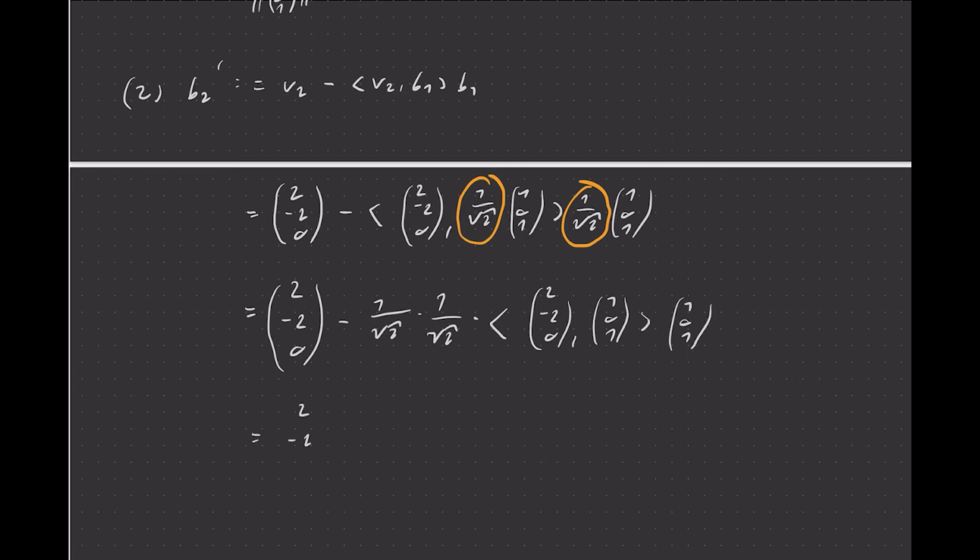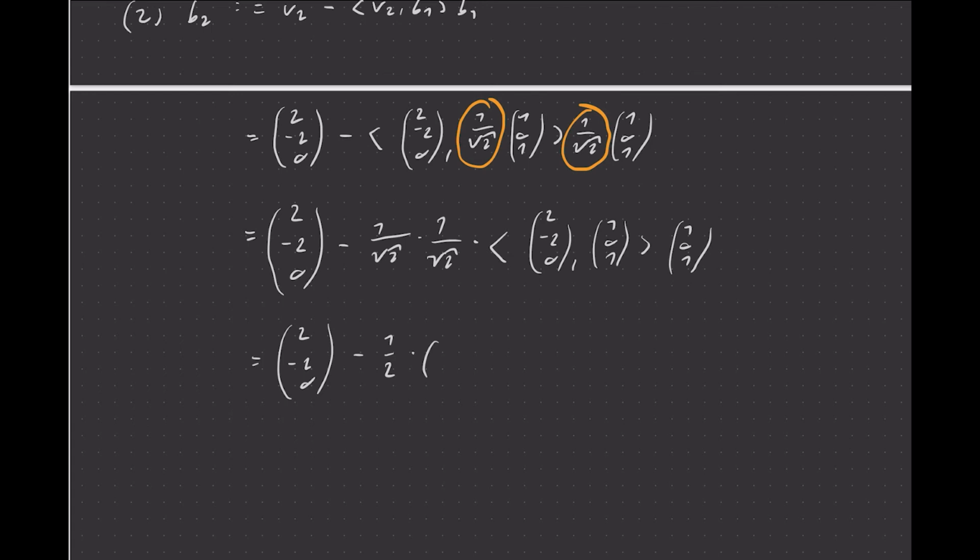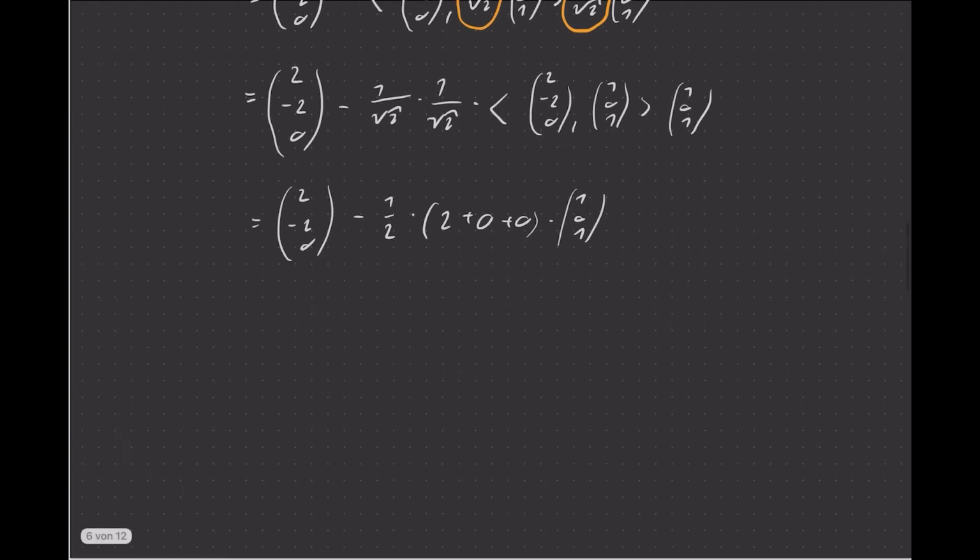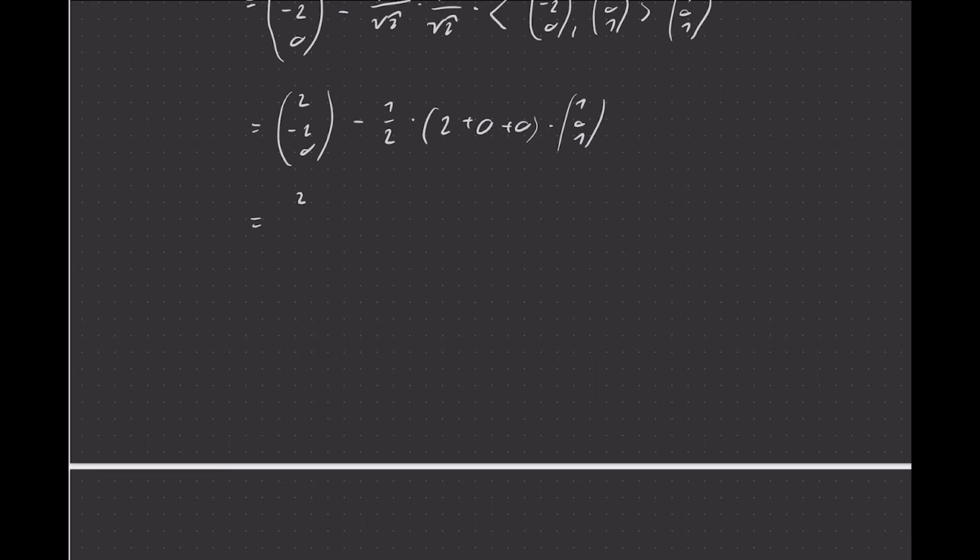So we get (2, -2, 0) minus, now these two square roots, that's just 1 over 2, the scalar product, that is 2 plus 0 plus 0, and then we have the vector (1, 0, 1). So we end up with (2, -2, 0) minus (1, 0, 1), and that is (1, -2, -1).